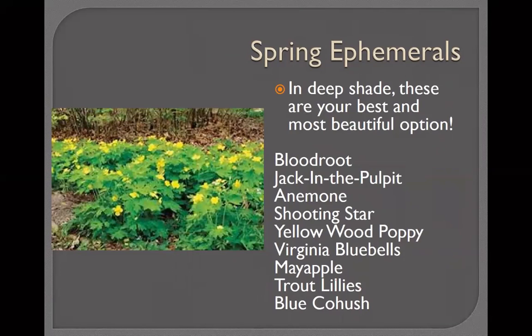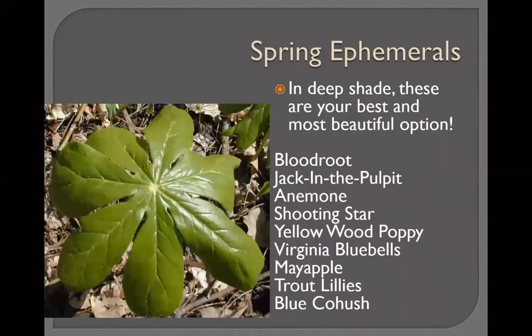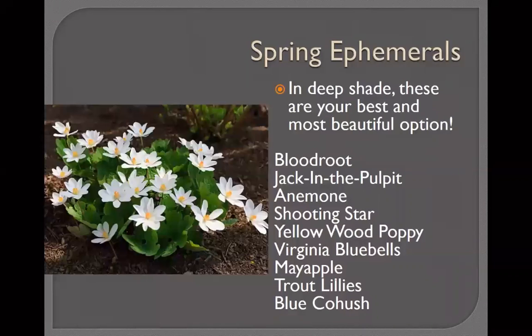May apples, blue cohosh, trout lilies. This is May apple. These are all native shade plants, but they're what we consider spring ephemerals, meaning they come up early in the spring and then disappear later in April and early May.